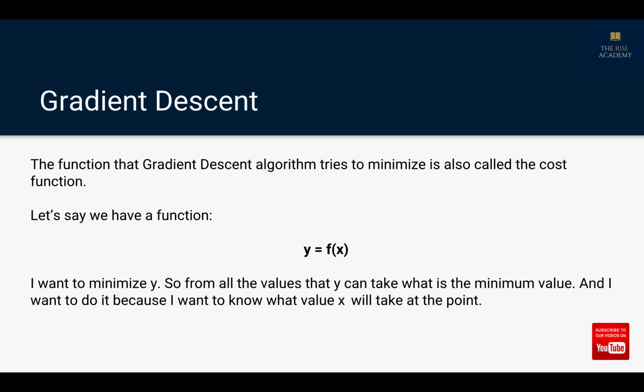But let's assume for the sake of simplicity that y equals f(x) is our cost function, and I want to minimize y. If I put different values for x, y will give different values. So I want to find the minimum value that y can take, because I want to know what is the value of x when y is minimum.